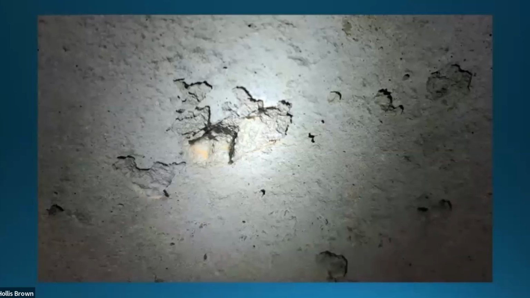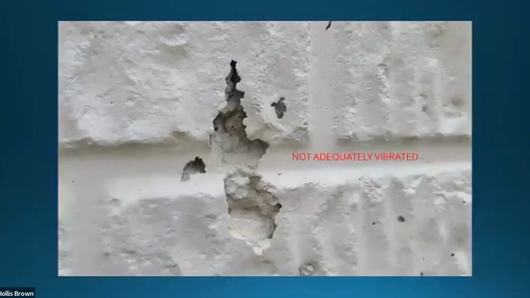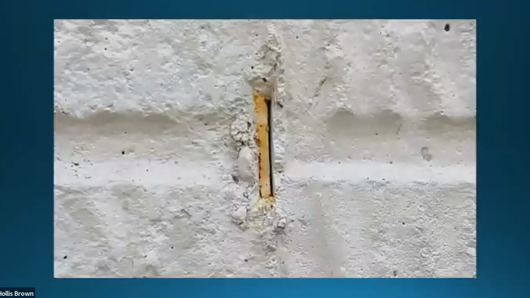So that might have been too wet, but it's kind of odd that it has a big air pocket like that. But that's probably, again, too wet and not vibrated well enough. Not adequate vibration. Again, this one for sure, because see how nicely the paste has formed against the form. They just didn't vibrate everything out and get the bubbles out of it.